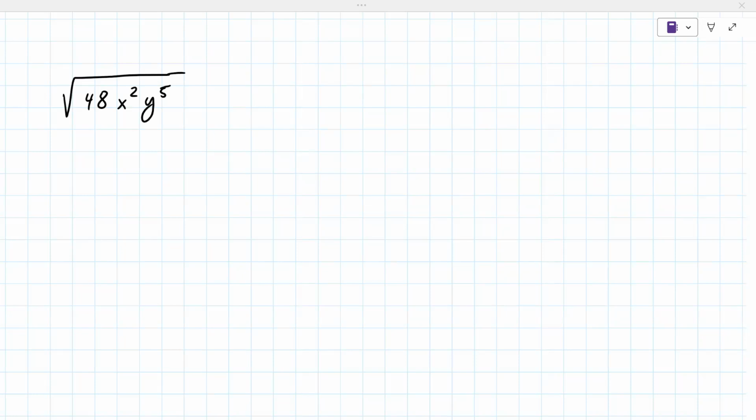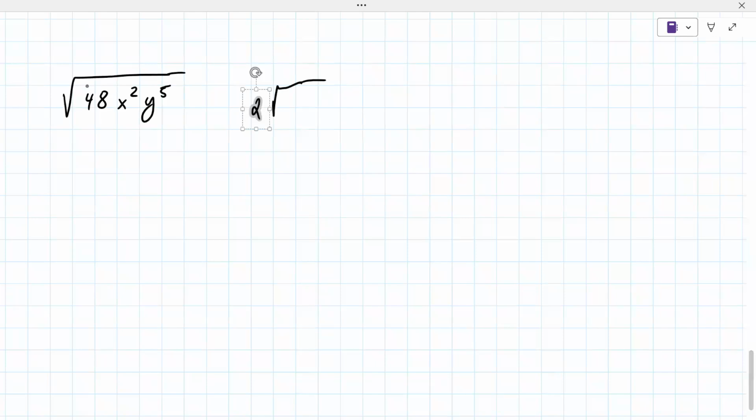All right, I got two absolute value of x, y squared, square root y. Any other numbers inside there? Like 48's not a perfect square.